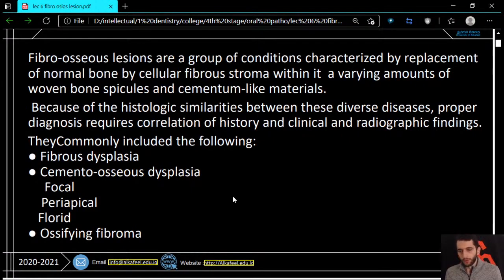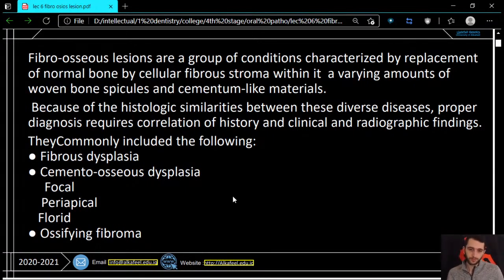The commonly included ones are the following rare diseases. Proper diagnosis requires correlation of clinical findings, history, and radiography, as they are very similar. Fibroosseous lesions include fibrous dysplasia, which we will talk about in the next slide.